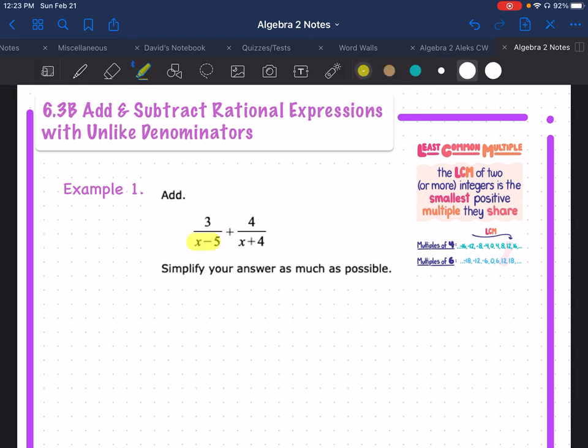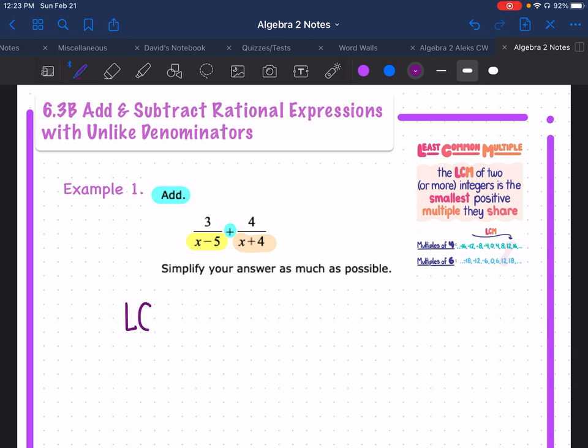These look very similar to where we started with our first one, where they were exactly the same. But notice -5 and +4 are totally different. And so we have to find our LCD. Because these two are totally different and neither one of them can be factored, they are already a factor.